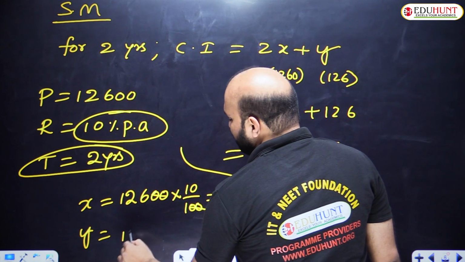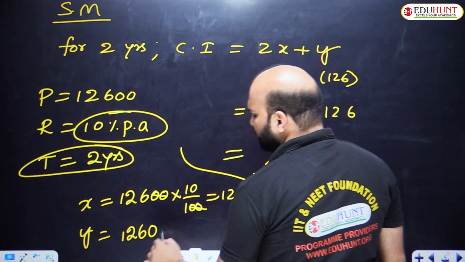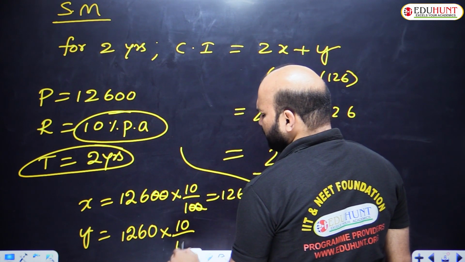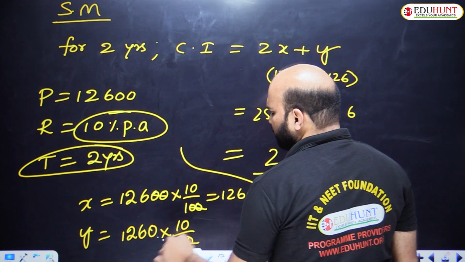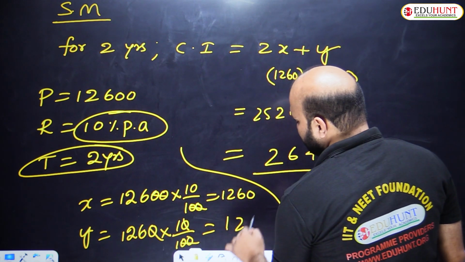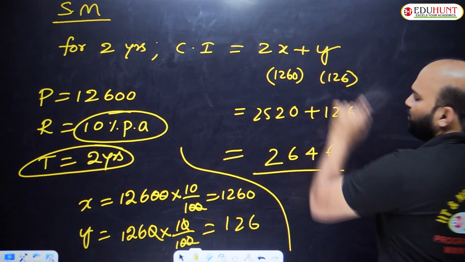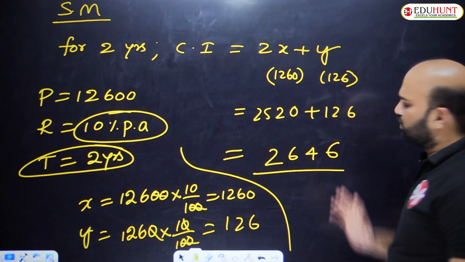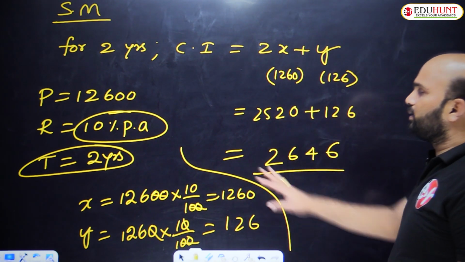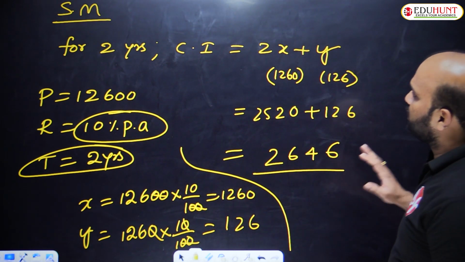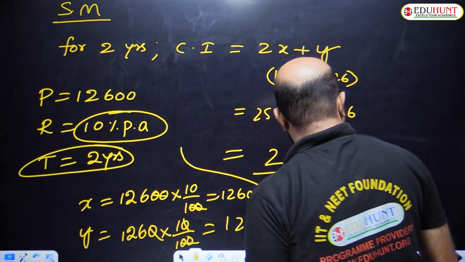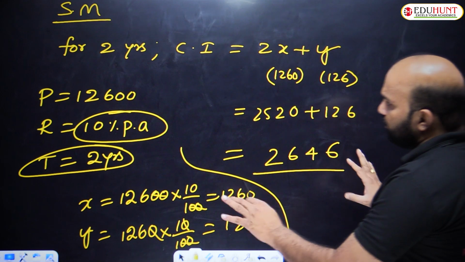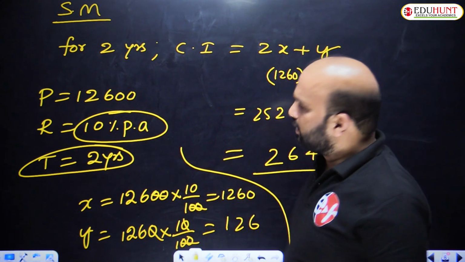Again 10% value of the x value we already got, 1260. Again we calculate 10%, which just means eliminate the 0, 126. This is a very important thought, x and y values. So 2x is 2520 plus 126, 2646. This is a very important concept in the Pascal method. But the Pascal method is only for calculating compound interest, interest on interest.